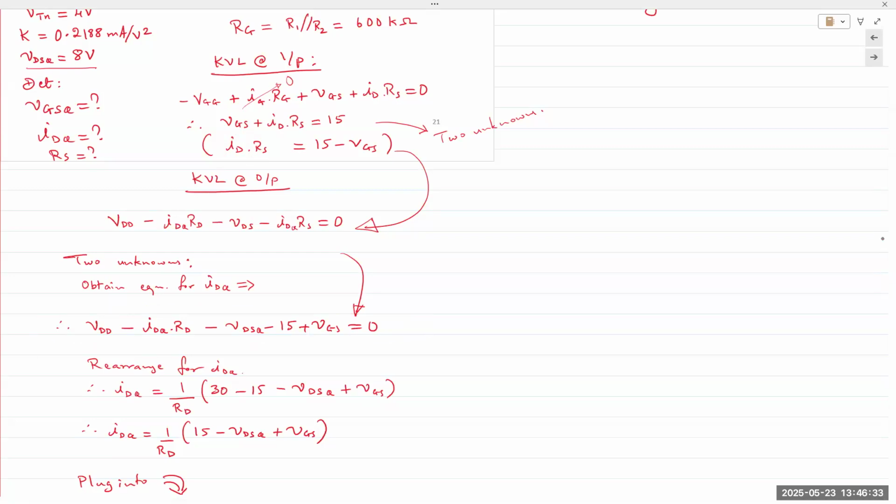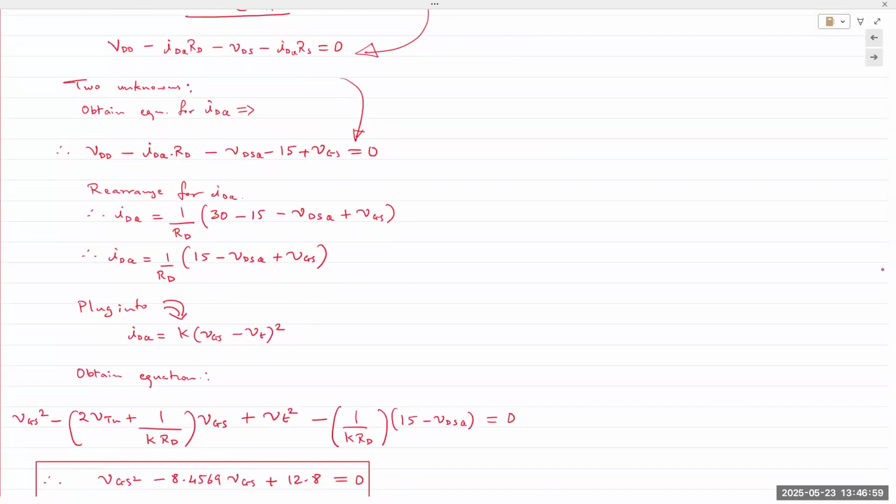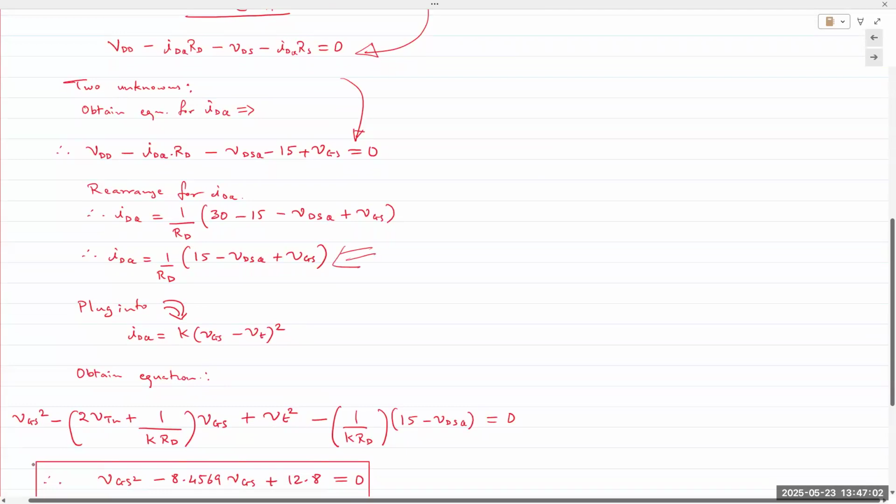And so we obtain IDQ is 1 over RD times VDD minus VGG minus VDSQ plus VGS. Reduce that a bit further, and you obtain 15 minus VDSQ plus VGS divided by RD. This is simply the voltage drop across the drain resistor.